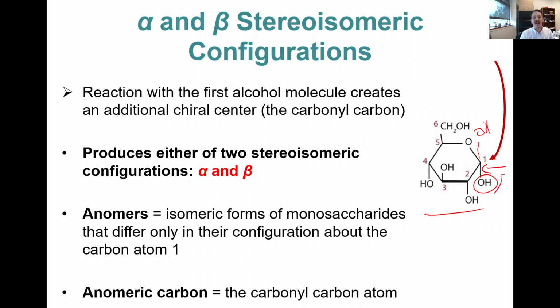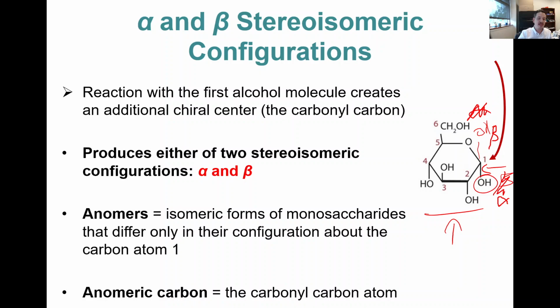If the OH is pointing down, it's the beta form. If the OH is pointing up, it's the alpha form. And so you have alpha glucose, and this molecule here is glucose. What they've actually got, it would be alpha glucose if the OH was, I apologize, I've got it the wrong way around. Alpha glucose is actually here, where the OH is pointing down, and beta glucose is where it's pointing up. I apologize, the beta is where the OH is up, the alpha is where the OH is down. Alpha is down, beta is up.